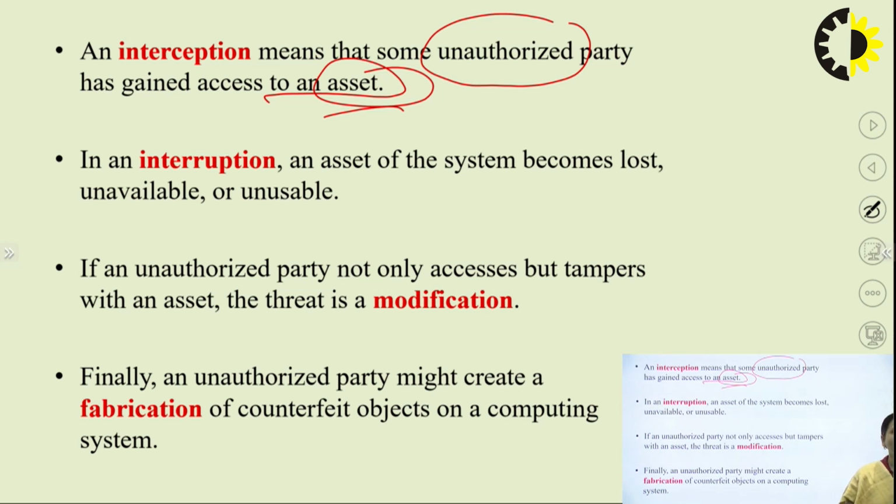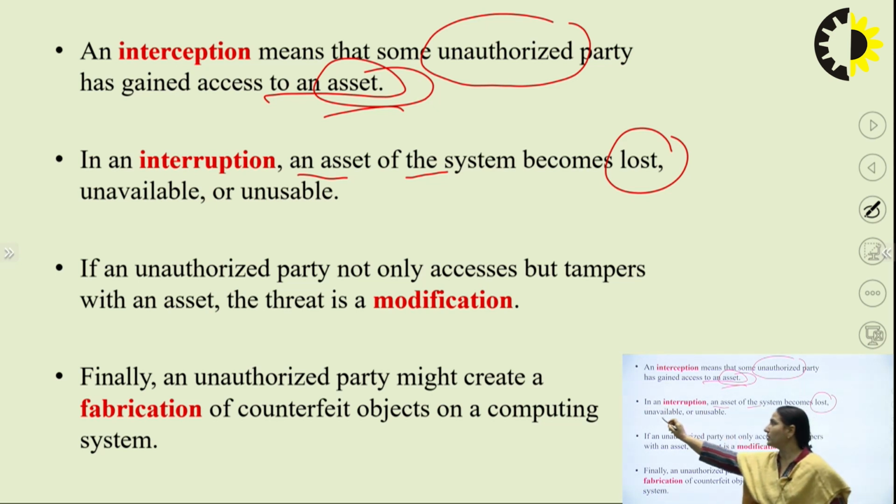In an interruption, an asset of the system becomes lost, unavailable or unusable, right? If an interruption occurs, an asset of the system, that means the information or data which is valuable to us, becomes lost. We never want important data to get lost. We'll be using another mechanism so that the information is not lost.